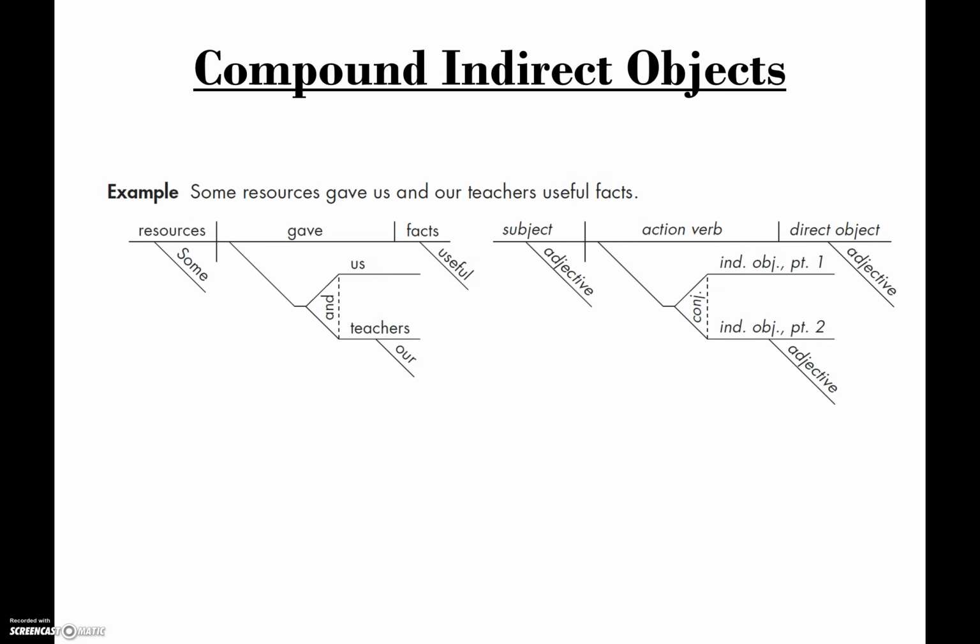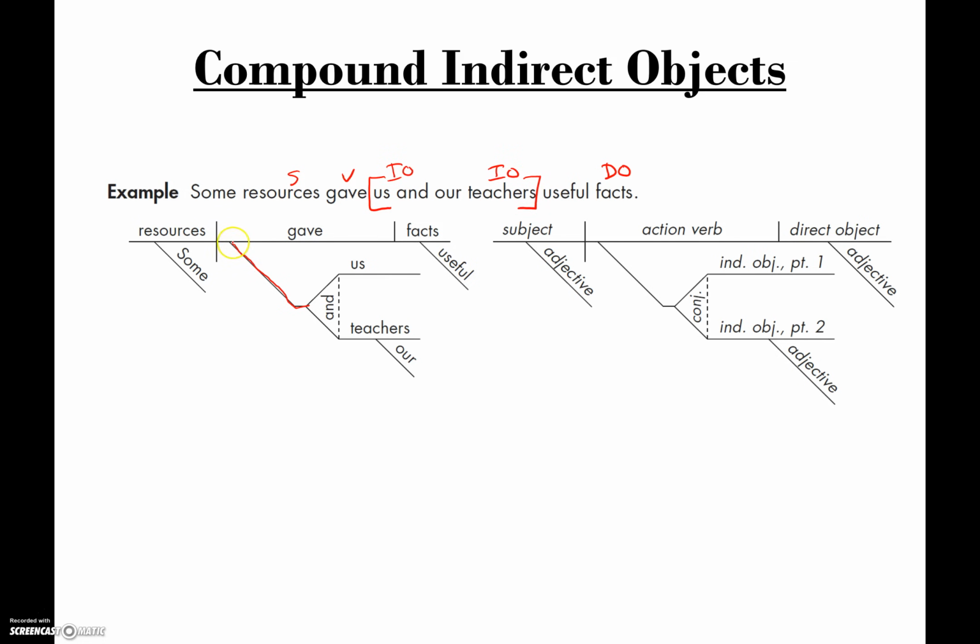With indirect objects, you're also going to use the prong effect, but this time it's going to come off of that horizontal that comes off of the diagonal. So in the example, some resources gave us and our teachers useful facts. We have resources gave as our subject and verb, facts as the direct object, and us and our teachers are the two indirect objects that are receiving the useful facts.